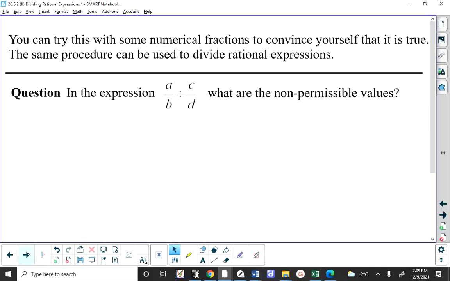So now I have a question. In this expression, which are actually rational expressions, the first rational expression is a over b, and I'm going to divide by c over d. What are the non-permissible values? I want everybody to take a minute and write down under this question the non-permissible values, which should be statements that say what variables are allowed, or better yet, not allowed to be equal to.